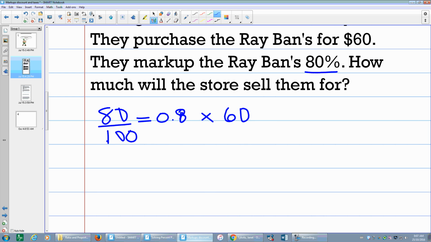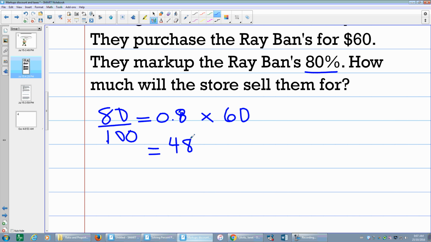That's how much the store bought them for. Now the store has to make money, so they're going to increase it by 80%. So when I do 0.8 times 60, I get 48. Again, students will say here, well, therefore the sunglasses will cost $48.